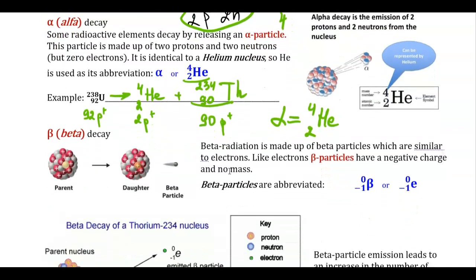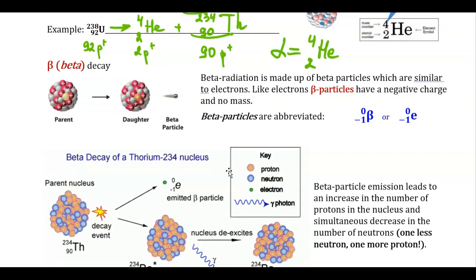Okay, let's jump to beta decay. Beta decay is another type of decay when an unstable atom emits beta particles. And beta particles are similar to electrons. You know that electrons have mass equal to 0 because it's so small compared to the mass of a proton or neutron, and they have charge 1 negative.